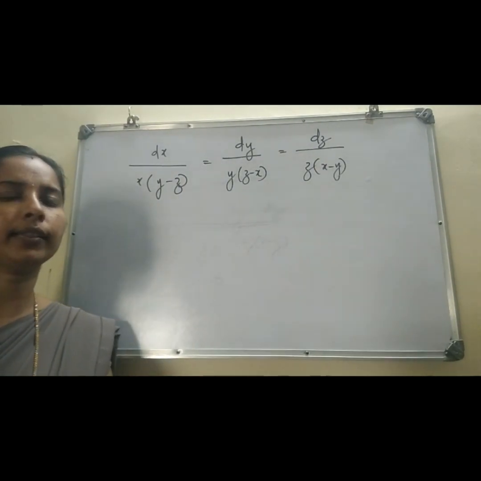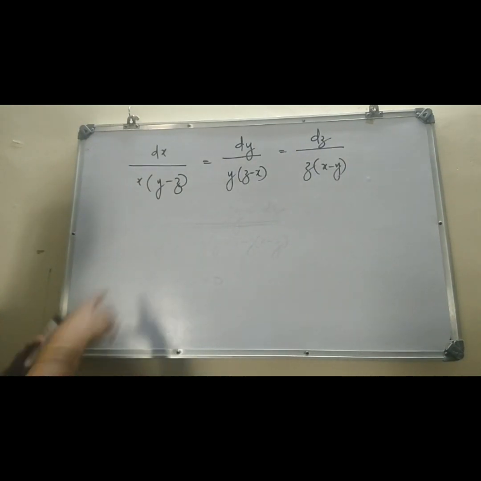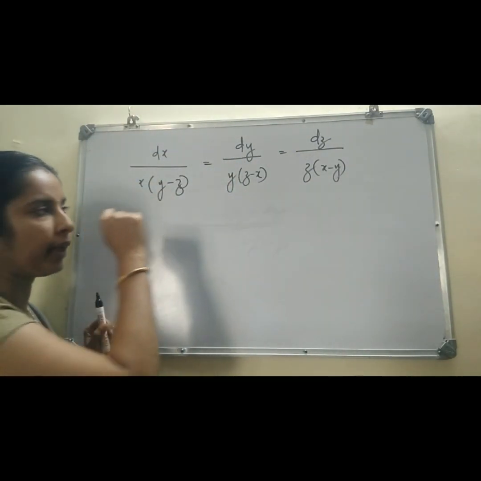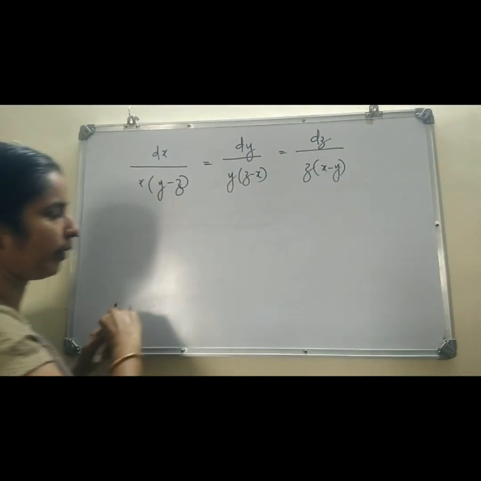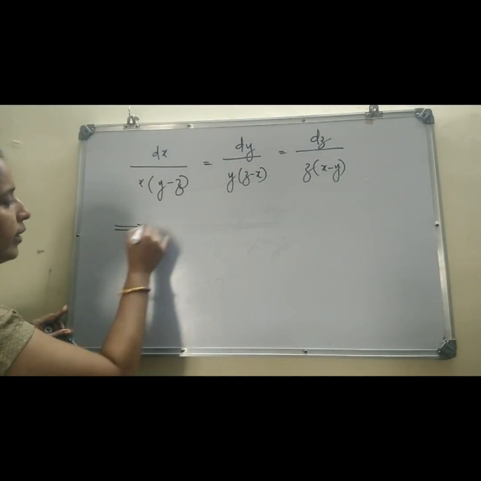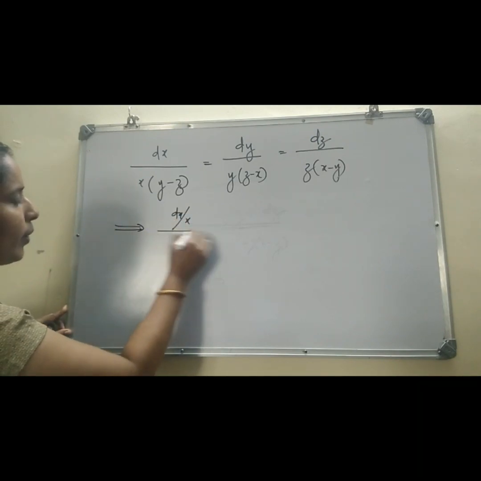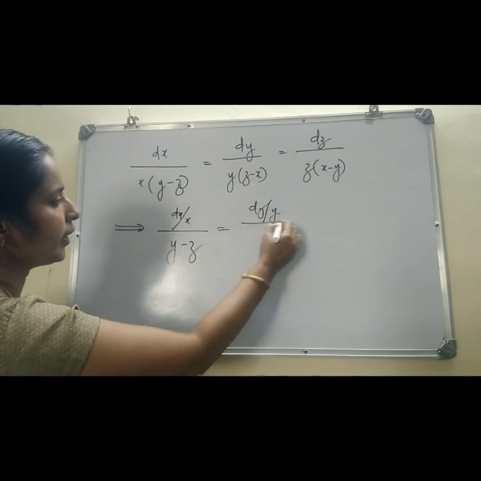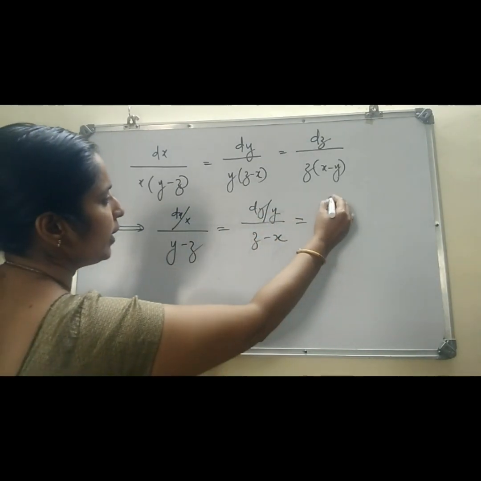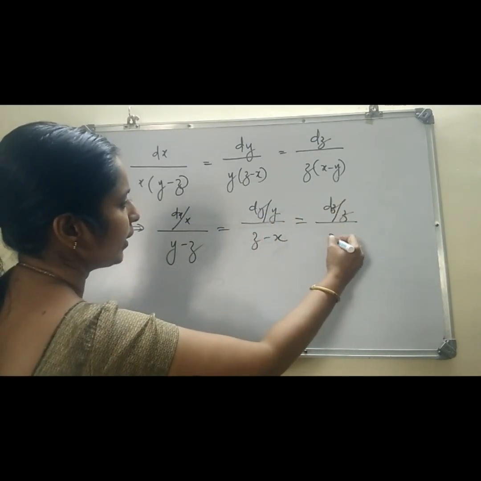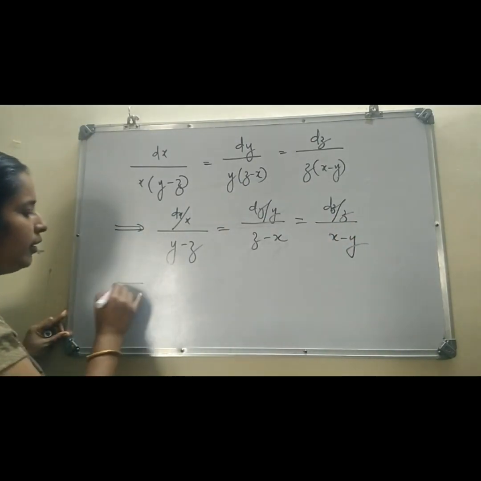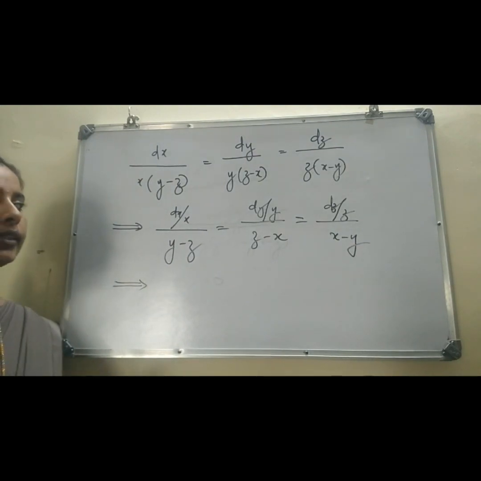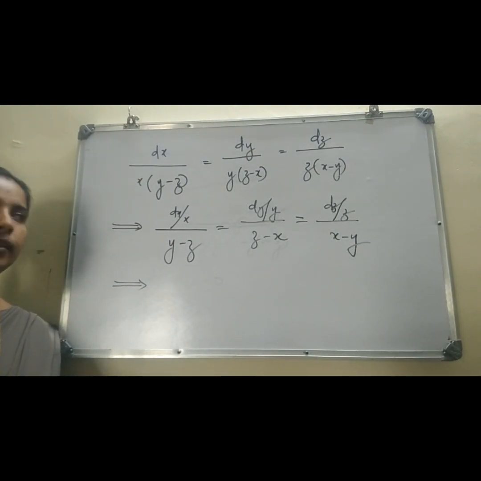By looking at these auxiliary equations, if you take dx by x as the numerator, and again dy by y and dz by z as the numerators, then you can see this is dx by x into y minus z, equal to dy by y into z minus x, equal to dz by z into x minus y. Next you take the sum of the denominators. You can see that combination is 0.